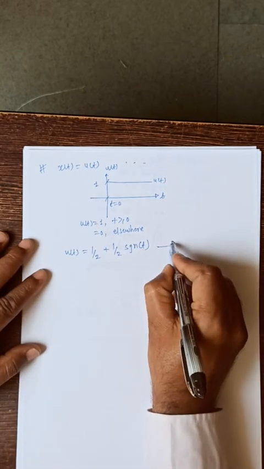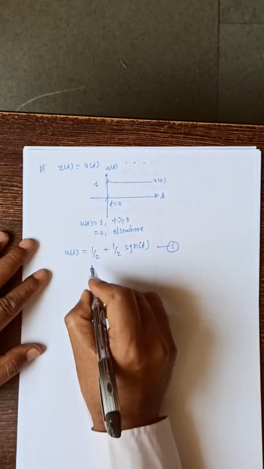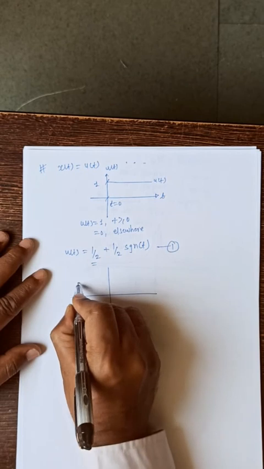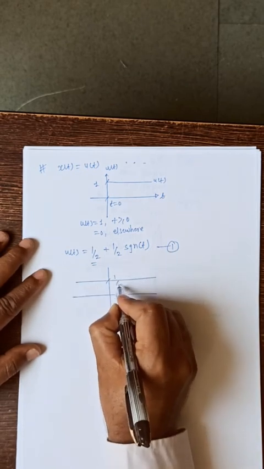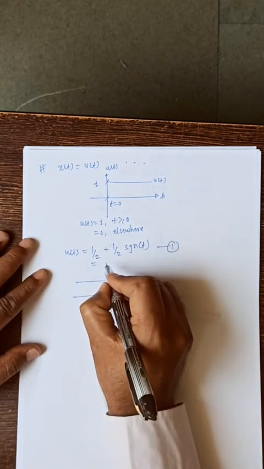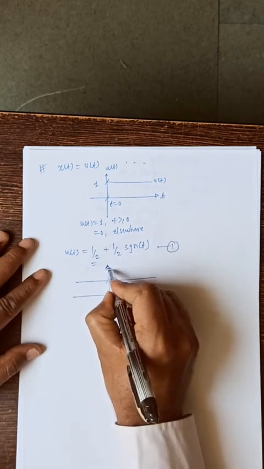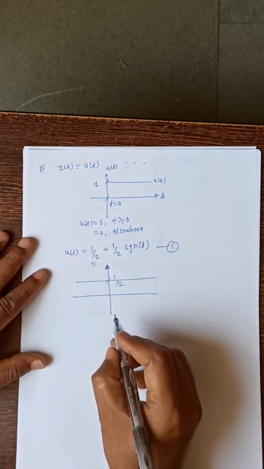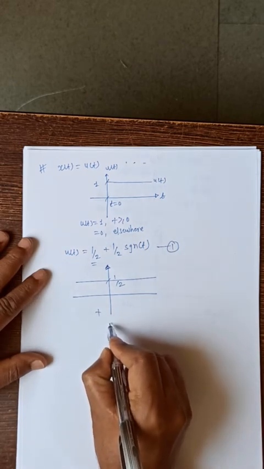Let it be equation number 1, and we'll check. First we'll draw this signal. So this is half, the first part of the signal, and the second part is half sgn(t).